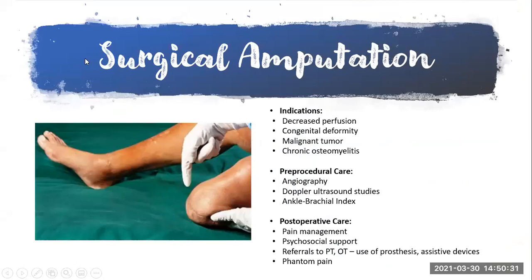Surgical amputation. Again, this could be due to osteomyelitis, where that limb ends up needing to be amputated. It is surgically done due to deformity at birth, to remove maybe a cancerous tumor, or if it is life over limb, and keeping that limb is going to cause loss of life for whatever reason, or it's necrotic.